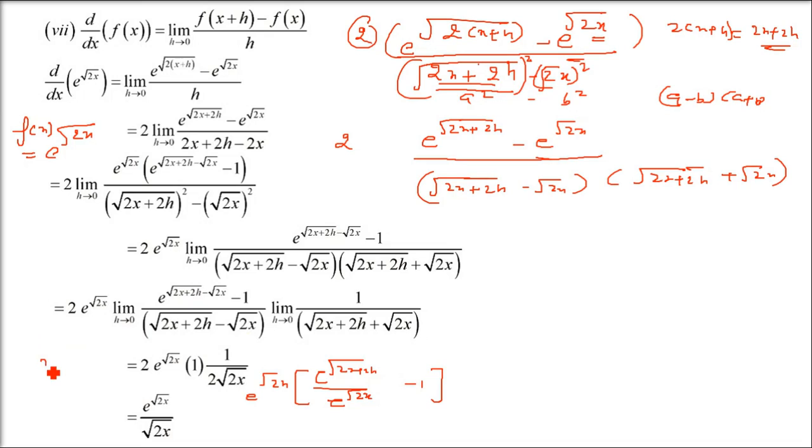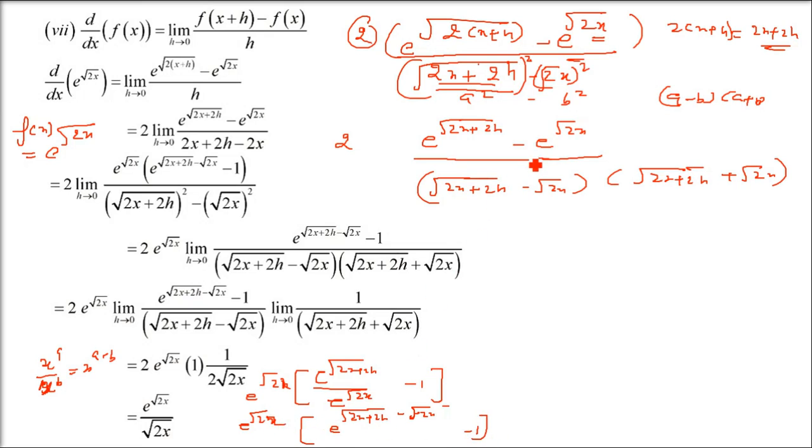Now you know x to the power a by x to the power b becomes x to the power a minus b. Same thing we are going to do. E raised to under root 2x plus 2h minus under root 2x, and then you have minus 1 also.